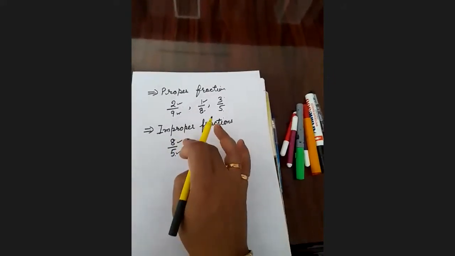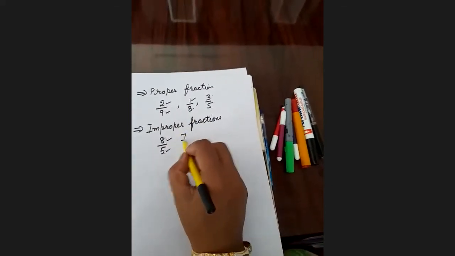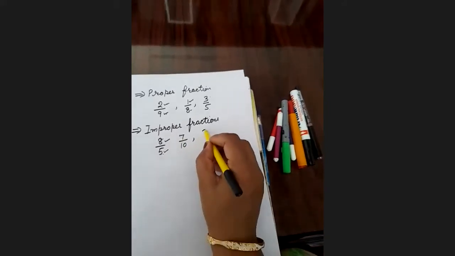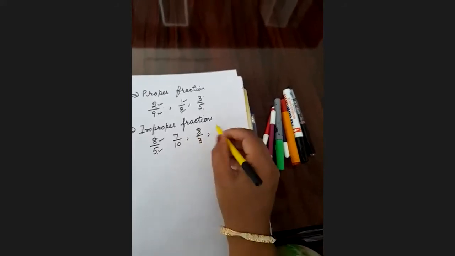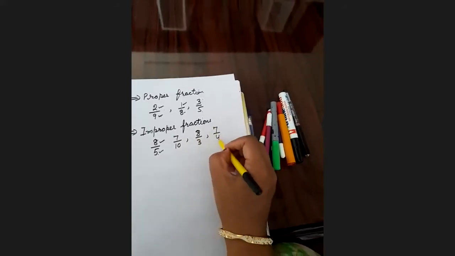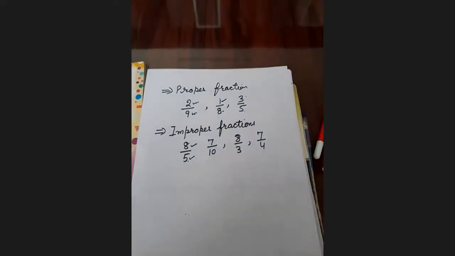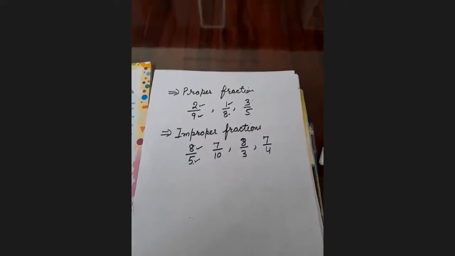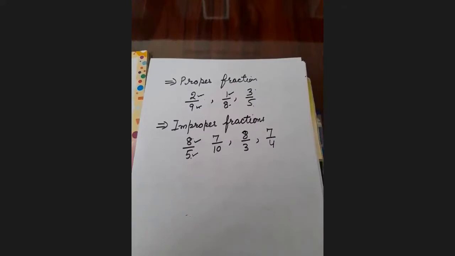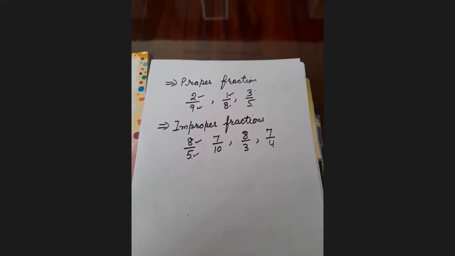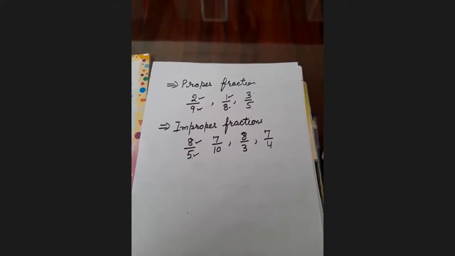So this is an improper fraction. Next is 7 upon 10, 8 upon 3, 7 upon 4. So these are all improper fractions. Clear, students? So proper fractions are those where the numerator is less than its denominator, and improper fractions where the numerator is greater than its denominator. Okay.